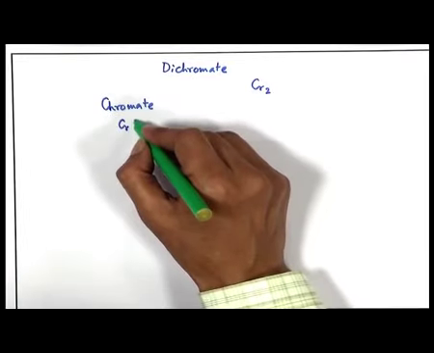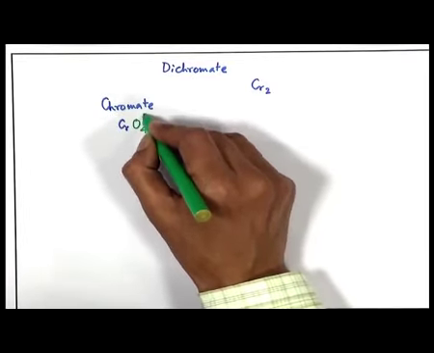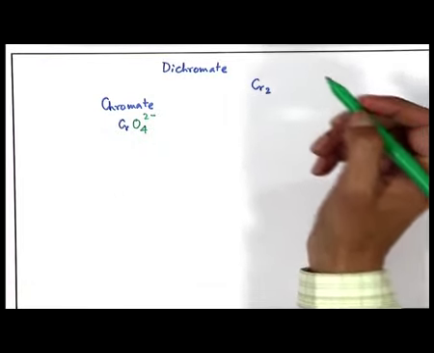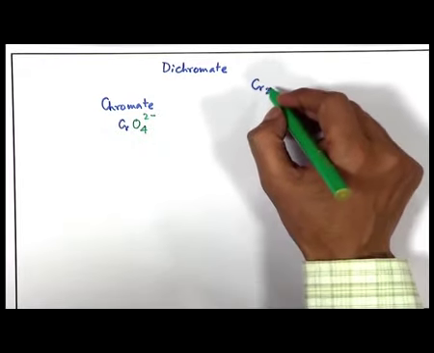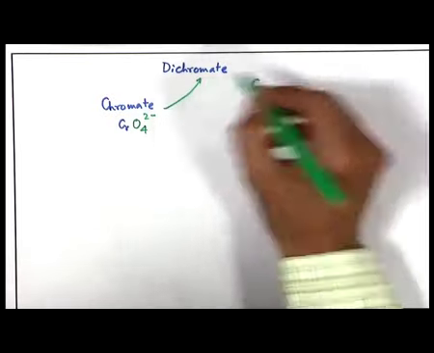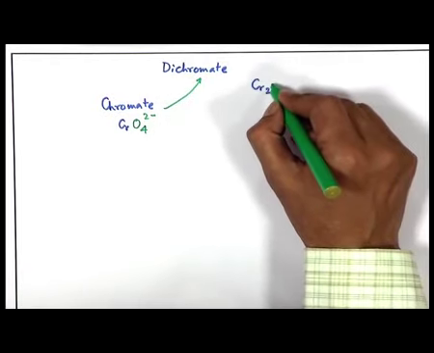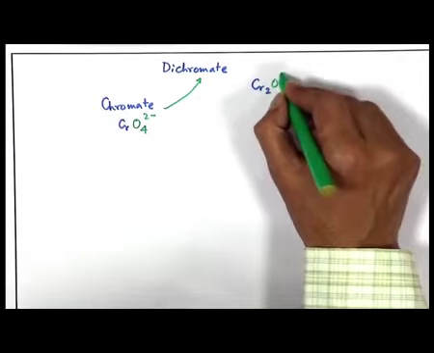So, we all know that CrO4 2 minus is the chromate ion, and from chromate we can move to dichromate, Cr2O7 2 minus.